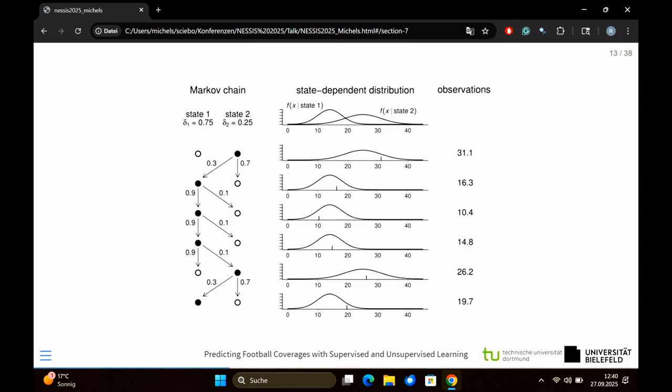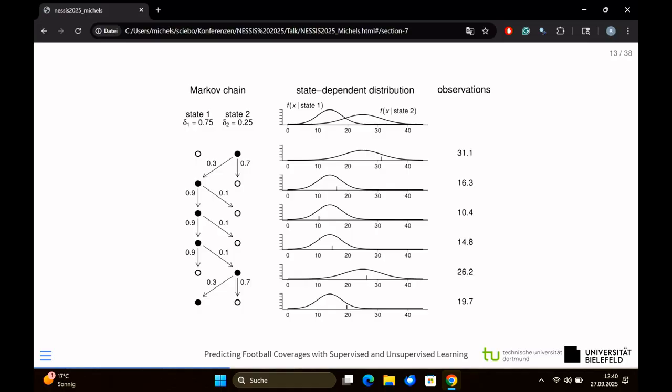Here N is equal to 2, so we have 2 states, 2 distributions: one normal with a low mean, one normal with a higher mean. Here you can see the observations. In general, this means that this data point stems from this distribution, this data point from this one, and so on.